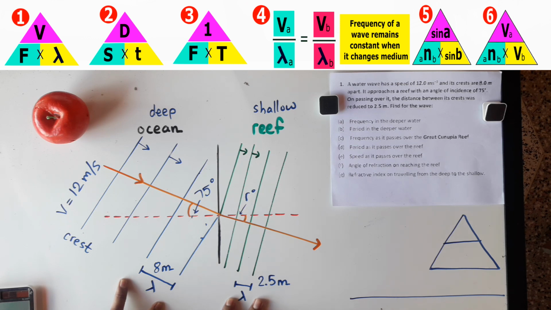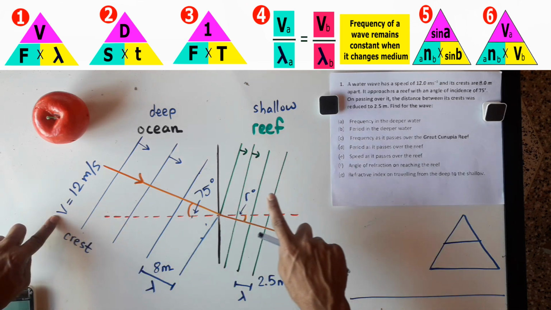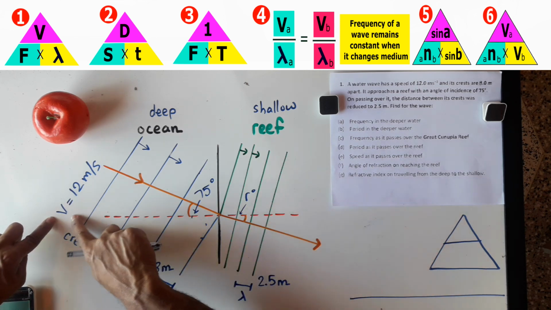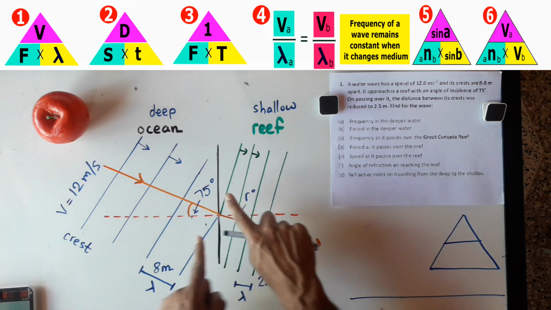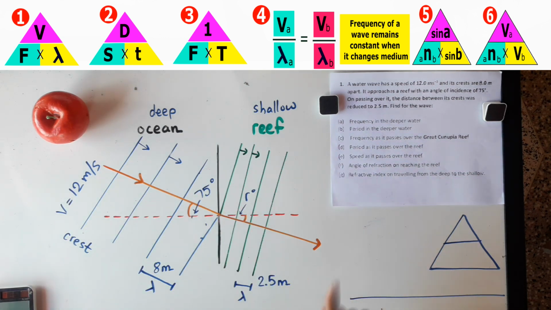Also, the velocity in the deep region is supposed to be larger than in the shallow region. If the velocity in the deep region is 12, in the reef the velocity is supposed to be smaller than 12. But we'll do our calculations to see if that's really true.